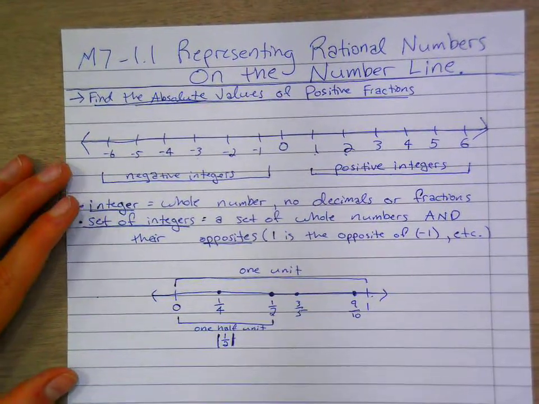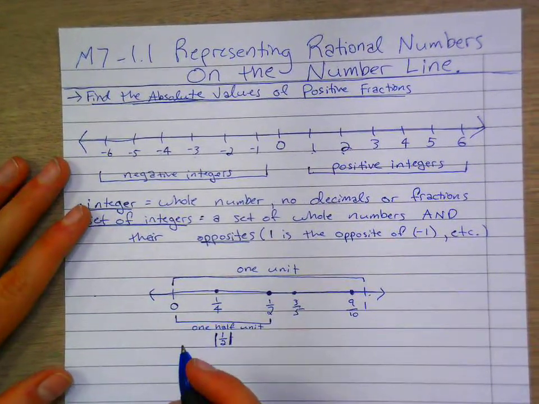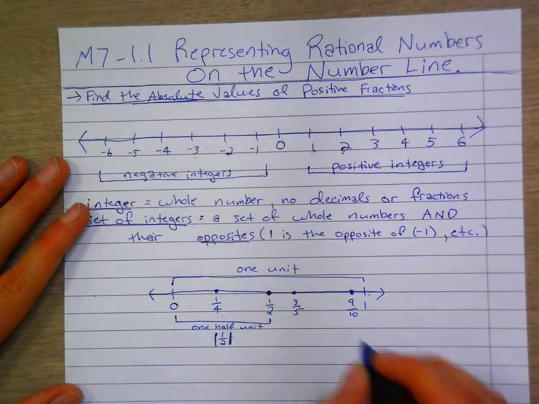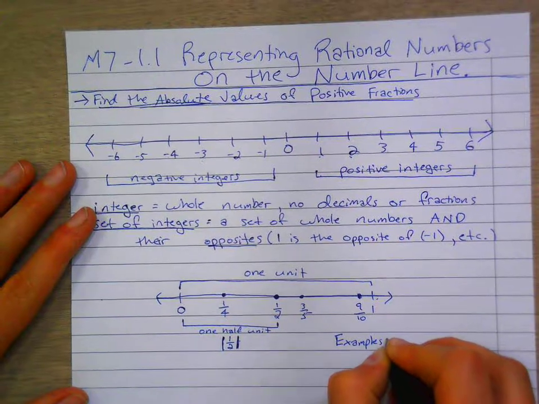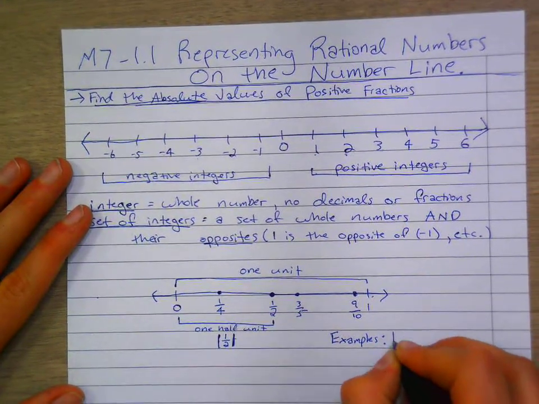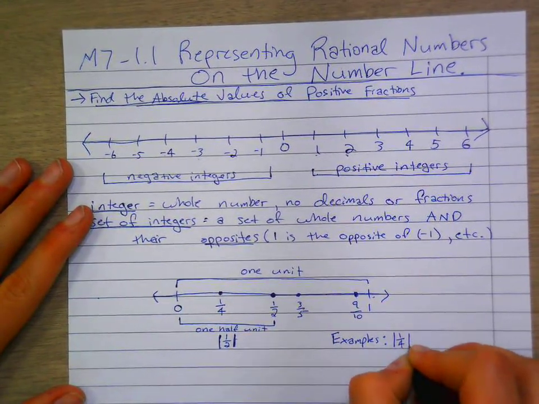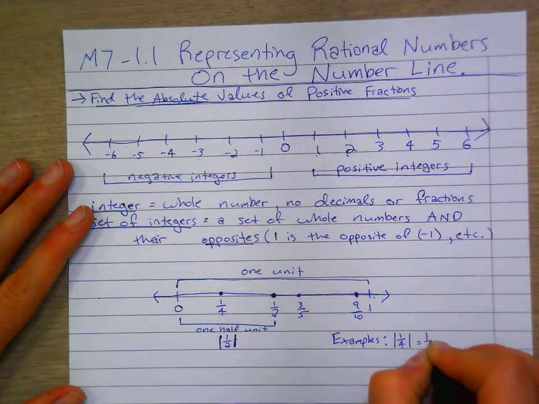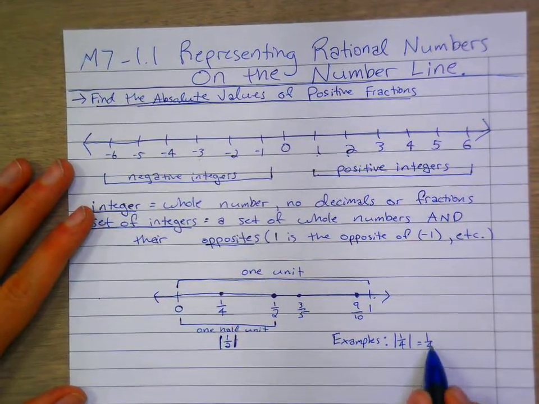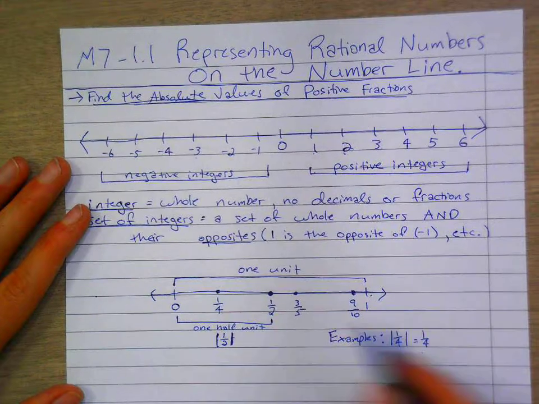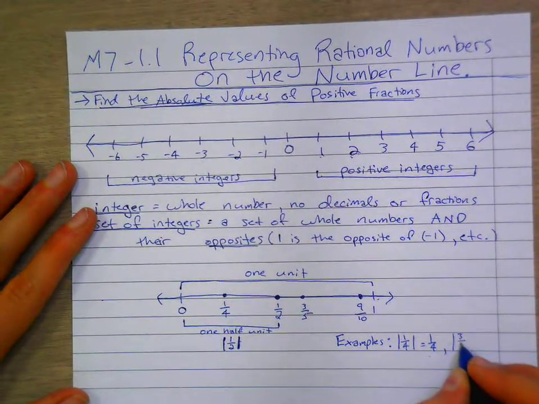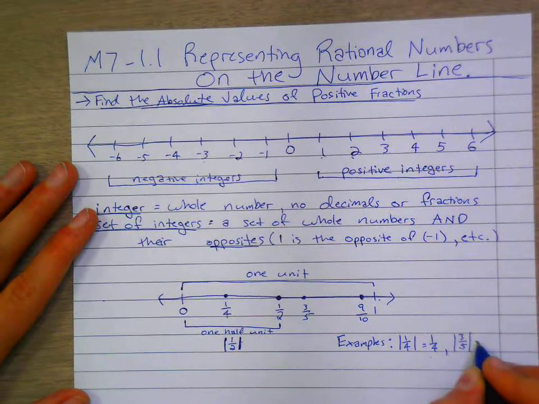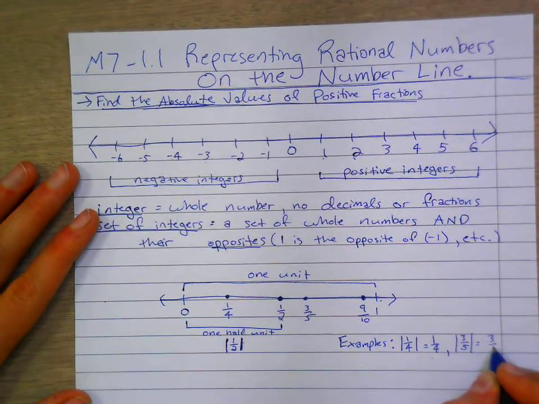Let's do a couple examples. 1/4 equals 1/4, because the fraction 1/4 is 1/4 units away from 0. This is the same with 3/5 units away is equal to 3/5.